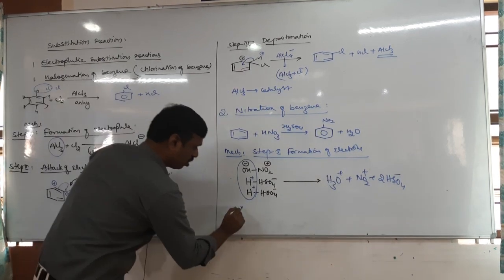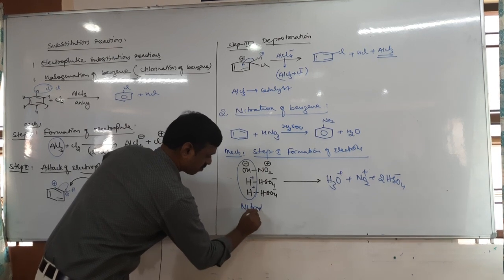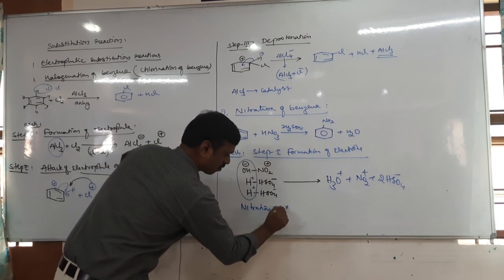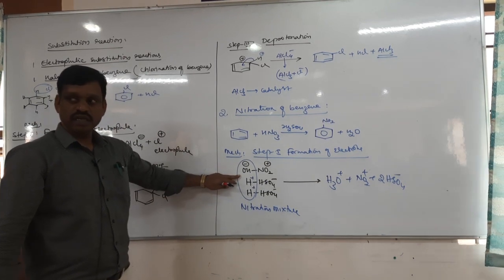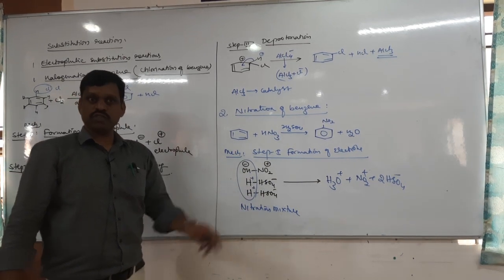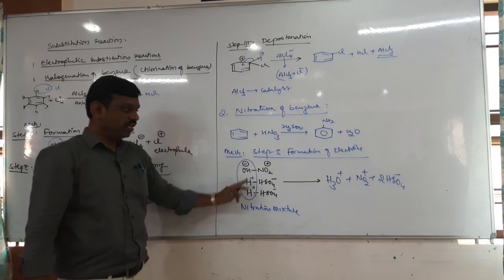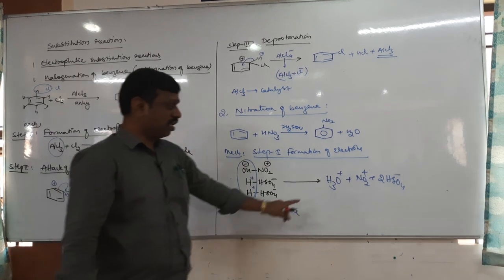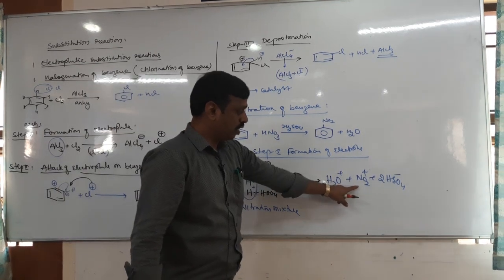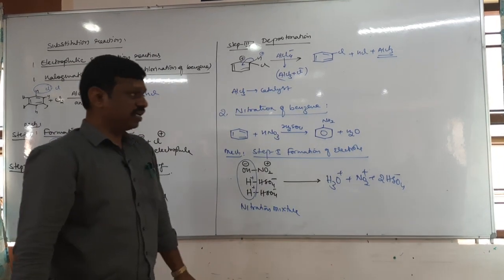Now this is called nitration mixture. The mixture of concentrated nitric acid and 2 moles of sulfuric acid is called nitration mixture, in a 1:2 ratio. This nitration mixture produces the hydronium ion, NO2 plus, and HSO4 minus.